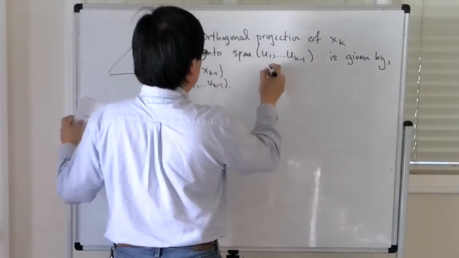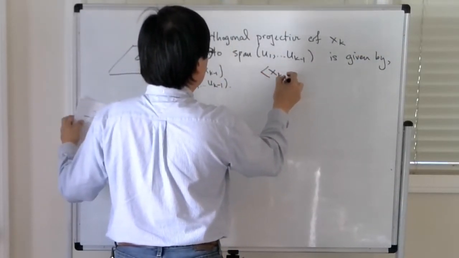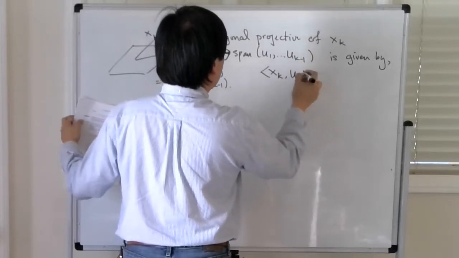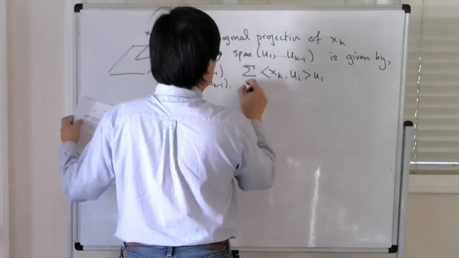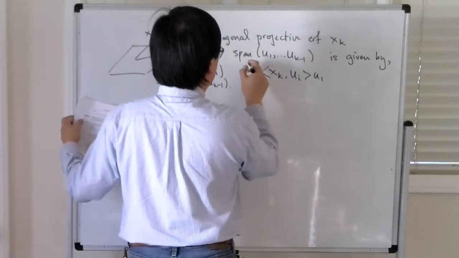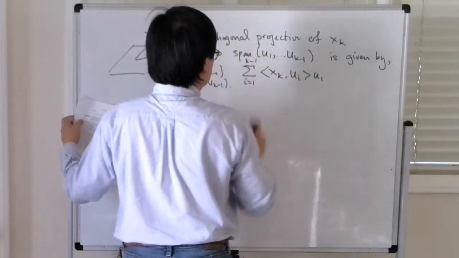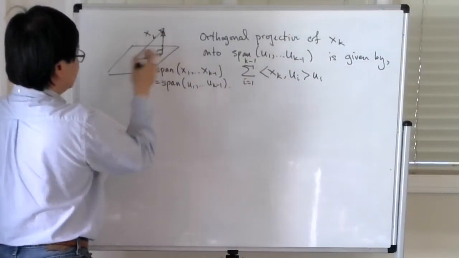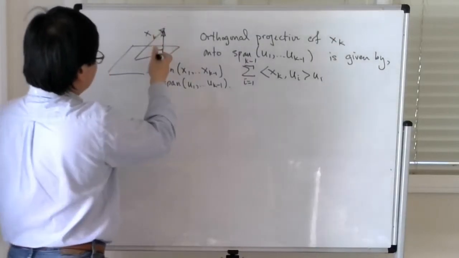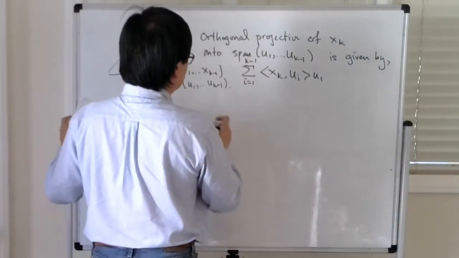You just take the inner product of xk with ui, multiply it by ui, and sum this over i equals 1 to k minus 1. This is the projection, and then what is left over is of course the difference of this.